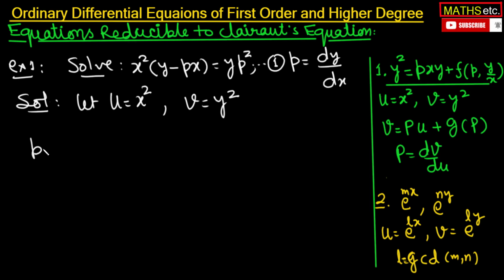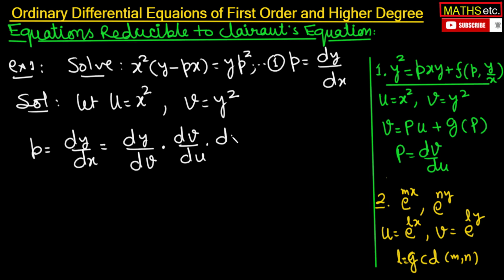So our p stands for dy over dx, which we can write as dy over dv multiplied by dv by du multiplied by du over dx, just repeatedly using the chain rule, right?